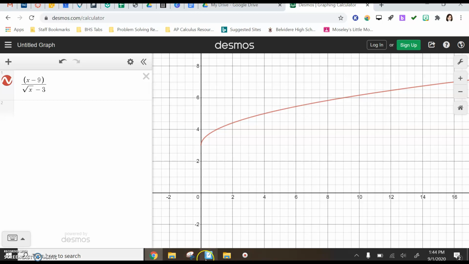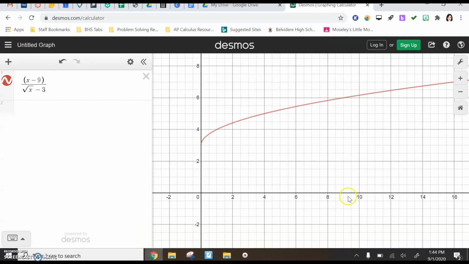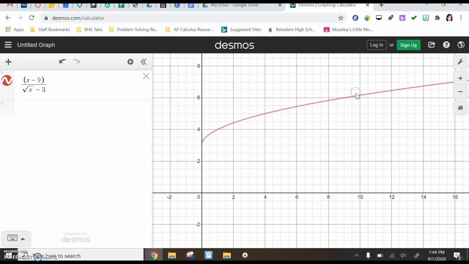Looking at this graph, the limit as x approaches 9 is right here at 6. So graphically, when x is 9, my function is approaching 6.